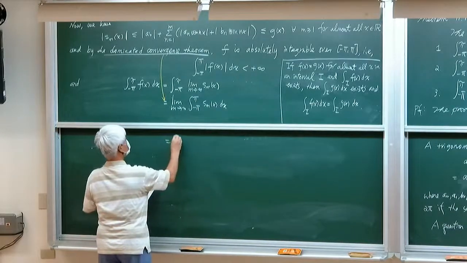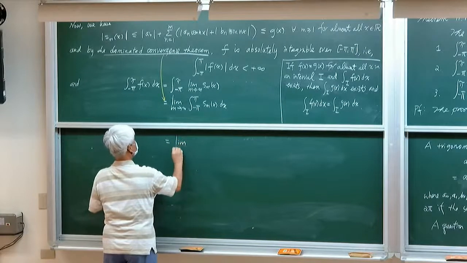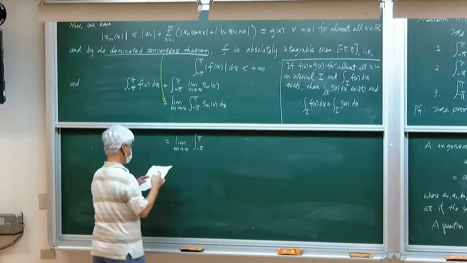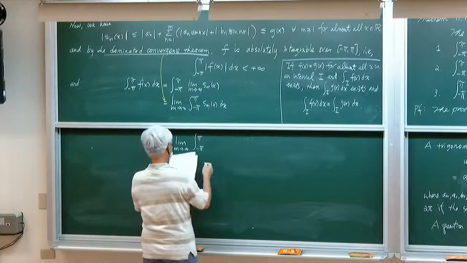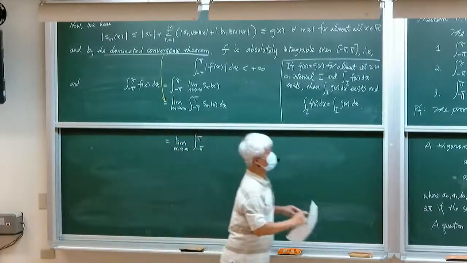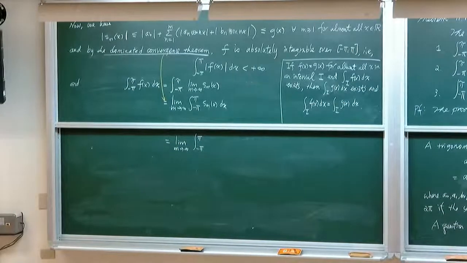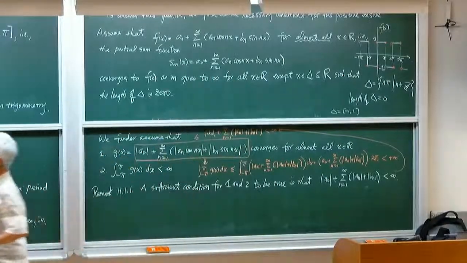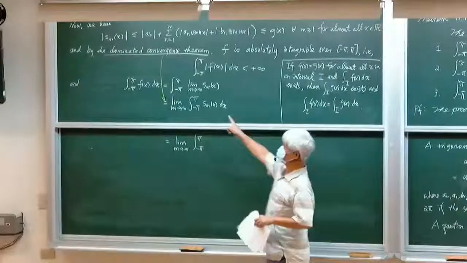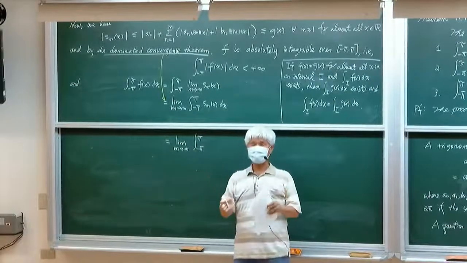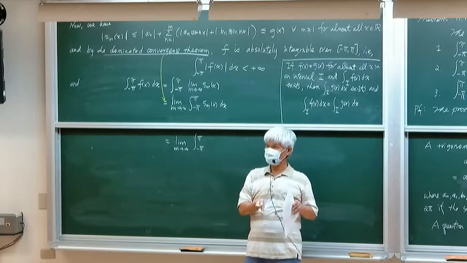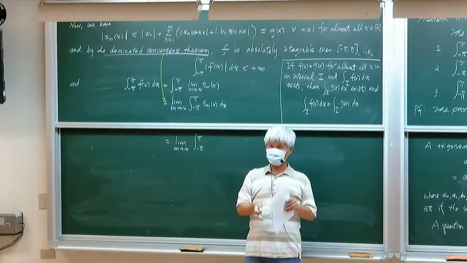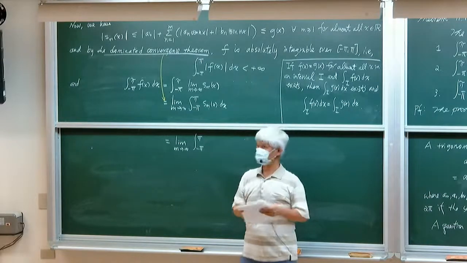Now this is a partial sum function, right? So we see that there are only finitely many terms here. If we take the integral of this partial sum function, it becomes the sum of the integral of each term, because the definite integral has the linearity property from calculus.